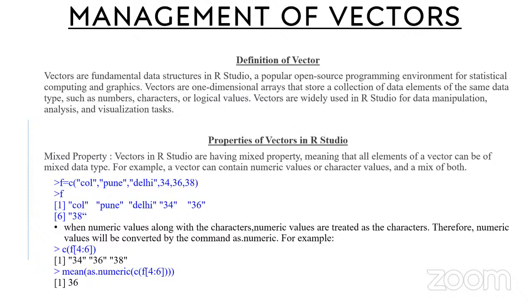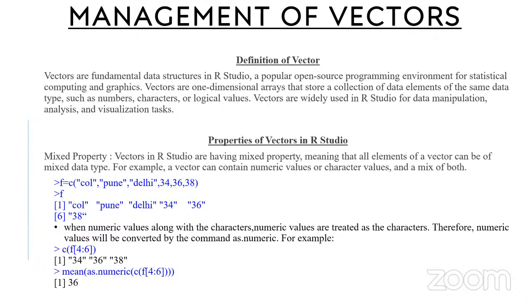And when numeric values come along with the characters, numeric values are treated as characters. For example, this is the 4 to 6, written F[4:6]. So 4, 5, 6, they are in the character format. Therefore, they are treated as character. If it is a character, then it will be within inverted commas.